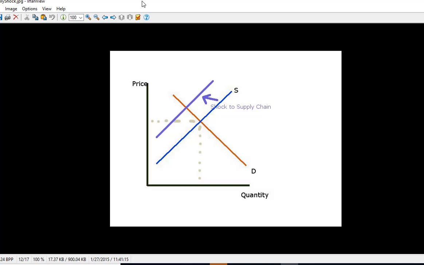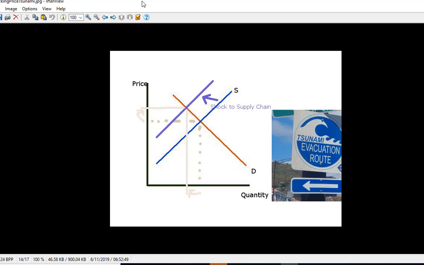So naturally you can see that the price should rise and the quantity should decrease. It's very simple to see that. It looks a lot like a tax. But the important thing to recognize is that's what should happen. The price should rise when there's a shock to the supply chain and the quantity should decrease.